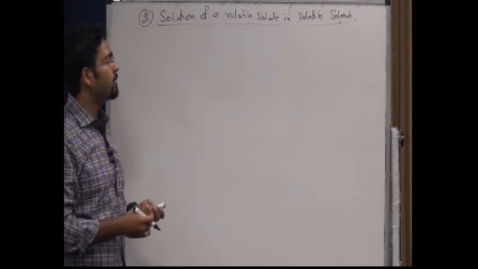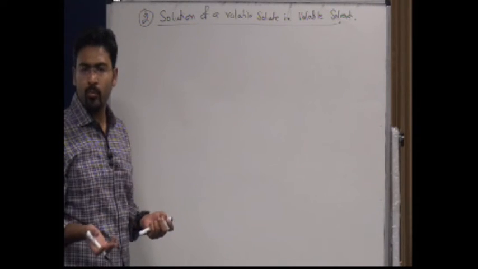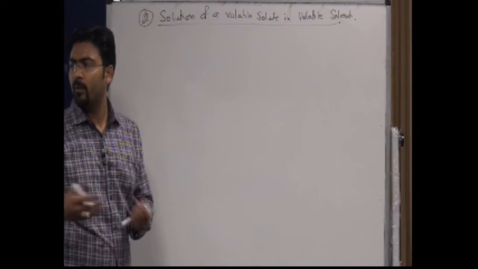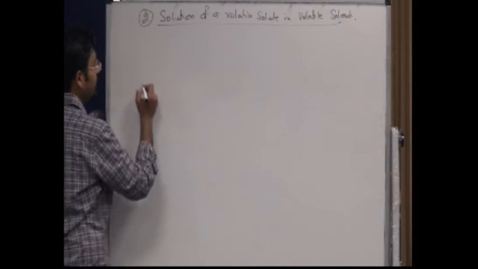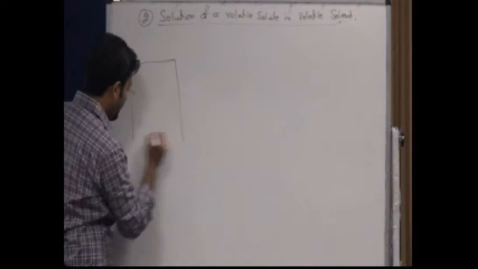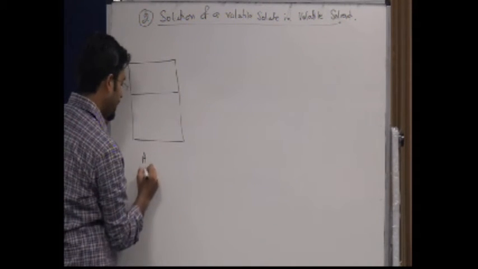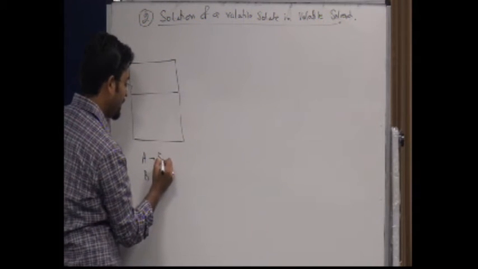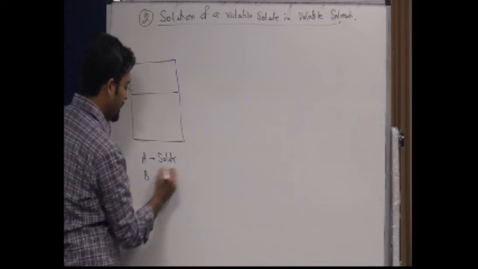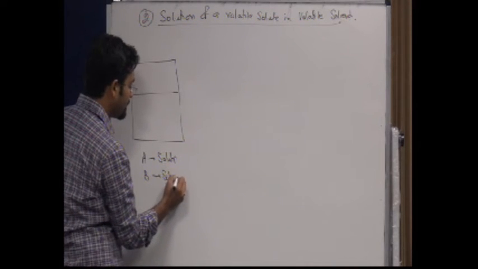Now here, I can call anyone the solute and anyone the solvent, depending upon the amount, the composition I have taken. So for example, I have this mixture here of A and B, where A is a solute again, and B is a solvent again.